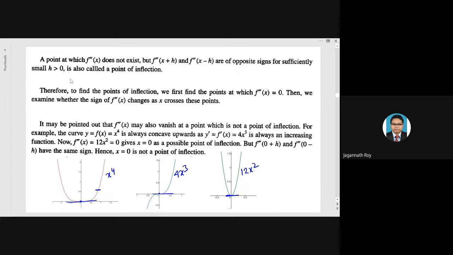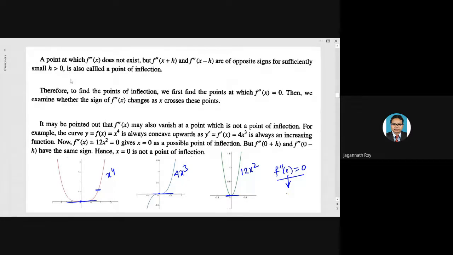So what it means is, if we have f double dash equals 0 at some point, that does not mean necessarily that this point is a point of inflection.